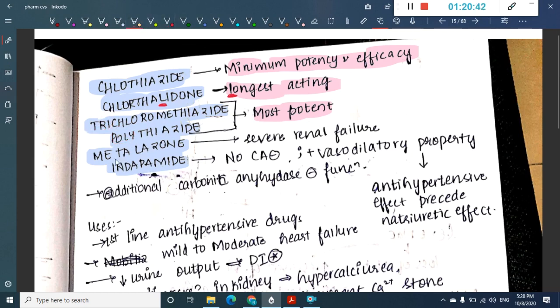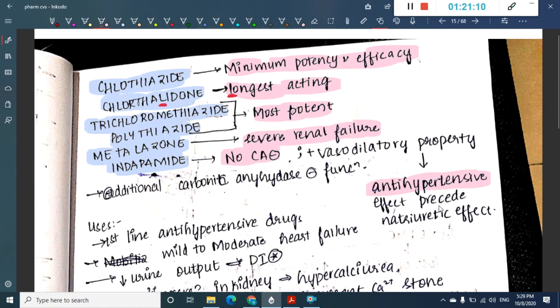Then this metolazone is used in severe renal failure. If you see this indapamide, indapamide has no carbonic anhydrase activity and it has additional vasodilator property, and thus it can be used as an antihypertensive drug, because its antihypertensive action precedes the natriuretic action.